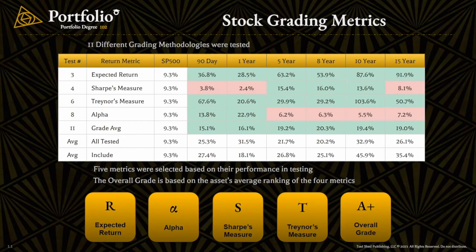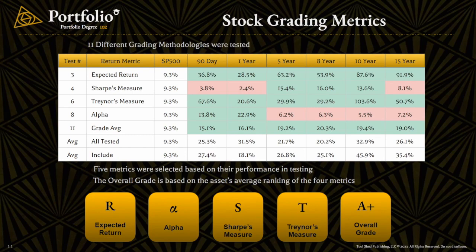We wanted to see exactly how these metrics performed when we used them to select our assets and invest over a period of time. And as you can see, there are certain metrics that across the board tend to perform well, and there are others where you only want to pair them with certain historical time periods.